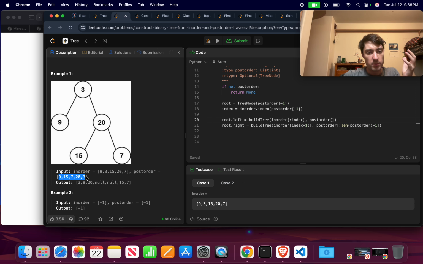So this one, I'm at 3, and I'm trying to figure out how do I. I did all of this excluding the last one. But now if I do that again here in my in order, next time I go in, it's going to be this 9. But I'm actually going to create this 20.